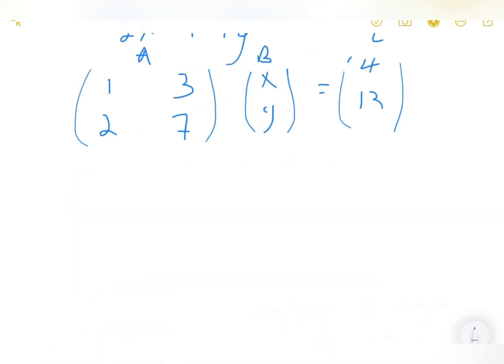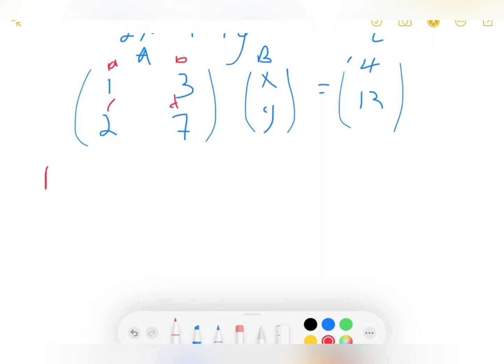The determinant of a matrix is given by multiplying the diagonal terms A and D and subtracting from it B times C. Let's label the elements so we can see it a little easier. So A, B, C, and D. So the determinant is equal to AD minus BC.